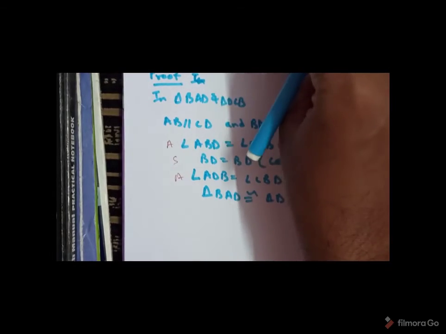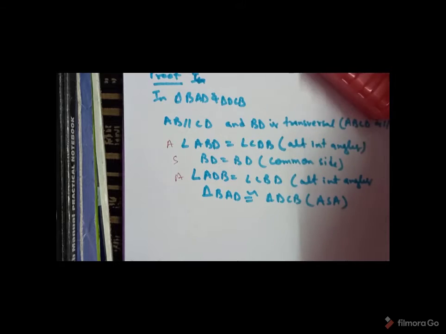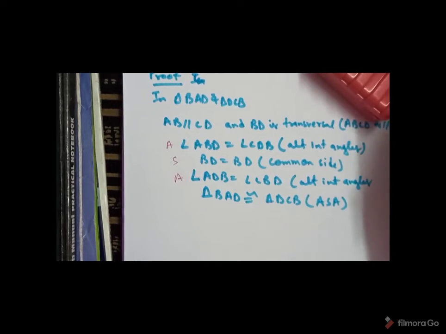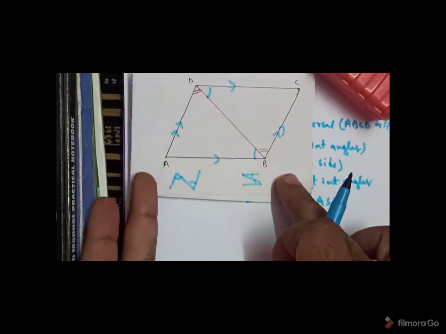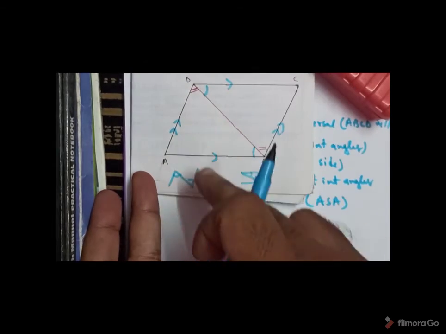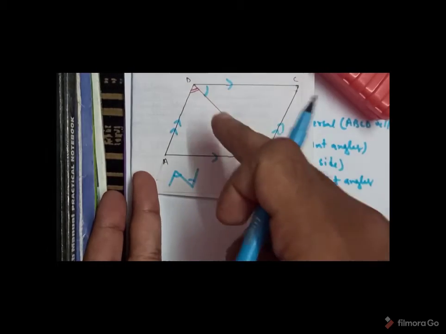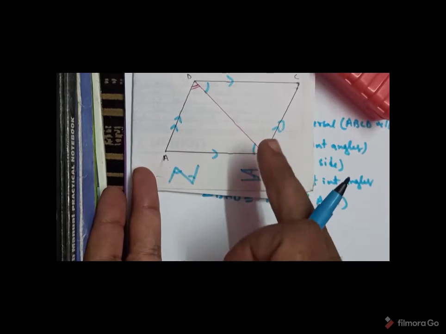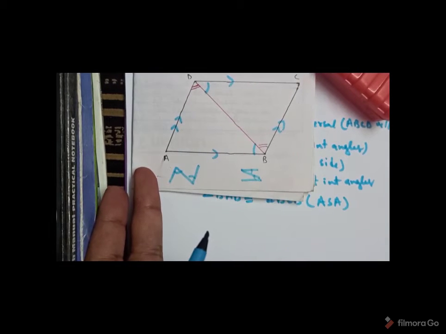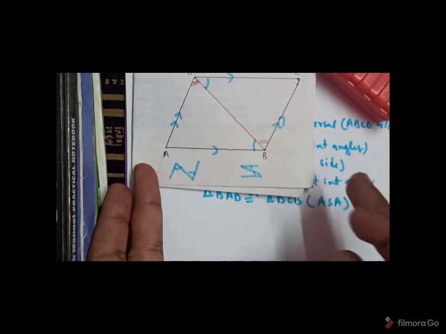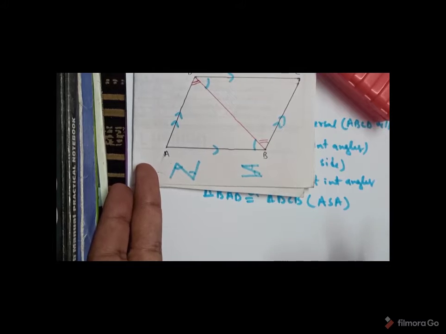And this is what we had to prove: in a parallelogram ABCD, the diagonal BD is dividing the given parallelogram into two congruent triangles, that is, triangle BAD and triangle DCB.